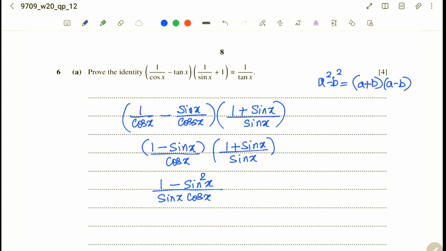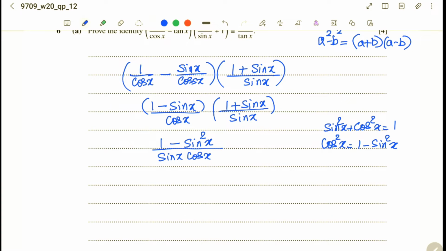And we know sin square x plus cos square x equals 1, so cos square x can be written as 1 minus sin square x.